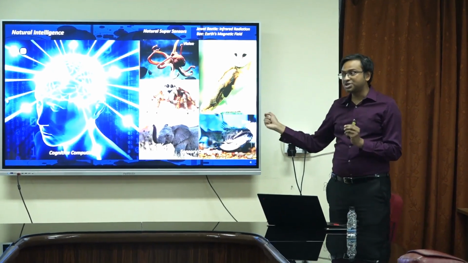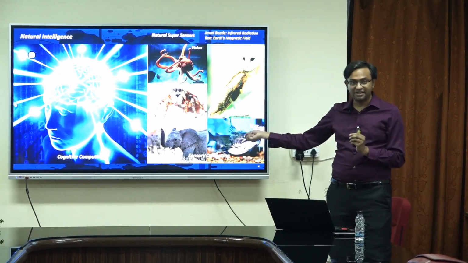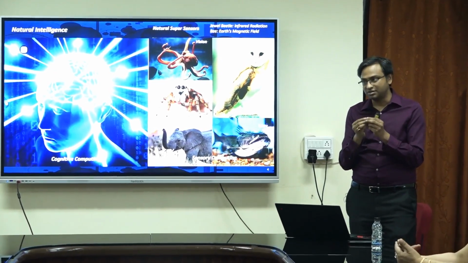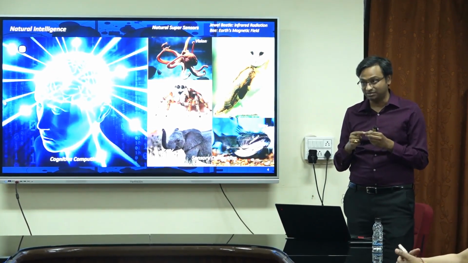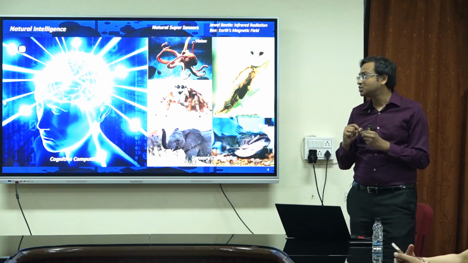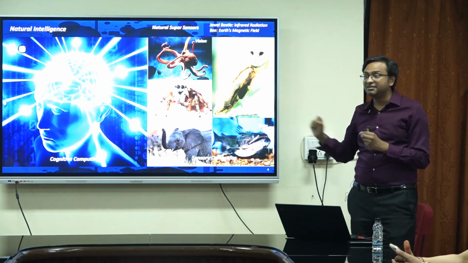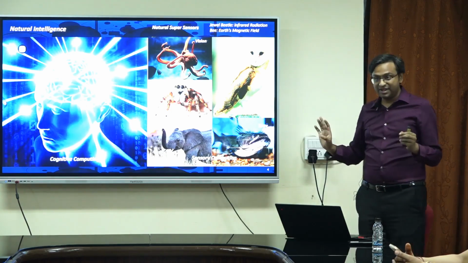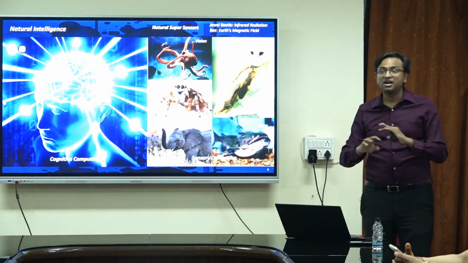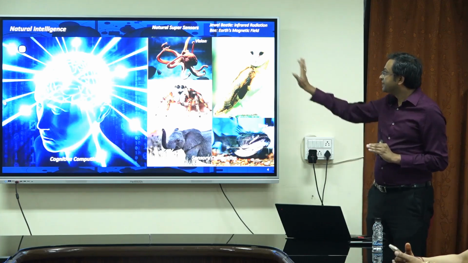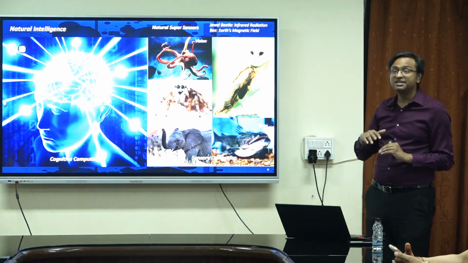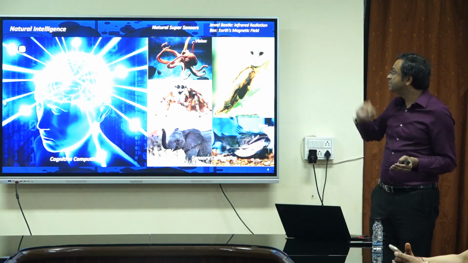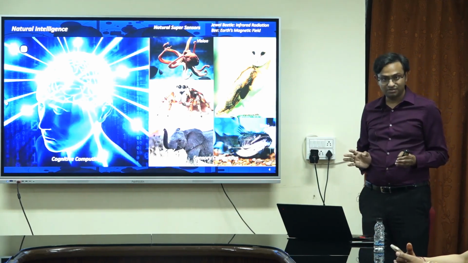African bush elephants, these are sub-Saharan elephants, can sense water from a distance of 50 miles. No quantum sensor today can actually have that level of precision. Okay? Catfish have an amazing sense of taste. The barn owl can hunt in complete darkness. In fact, the jewel beetle can sense infrared radiation, and bees can sense Earth's magnetic field.